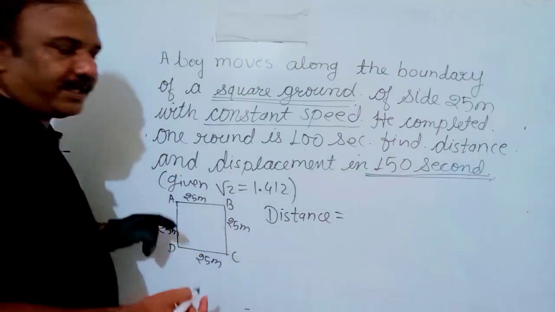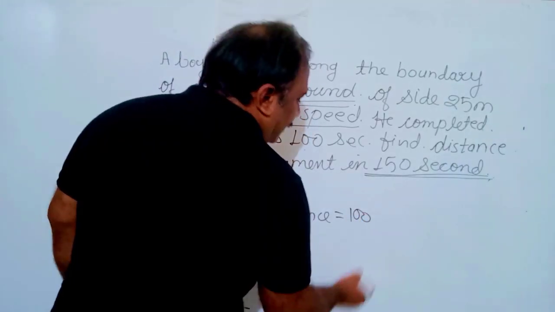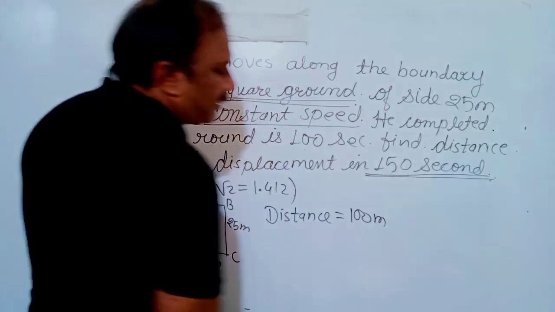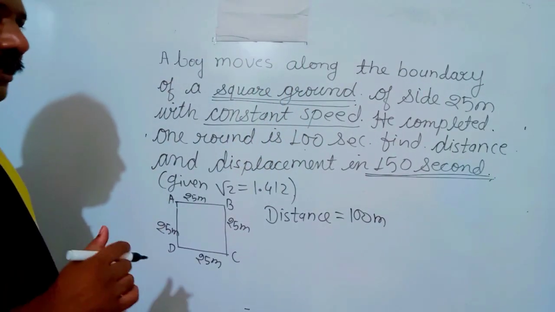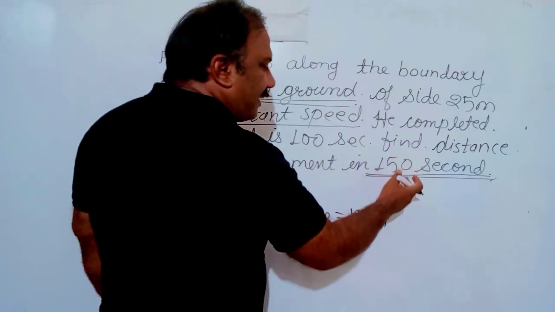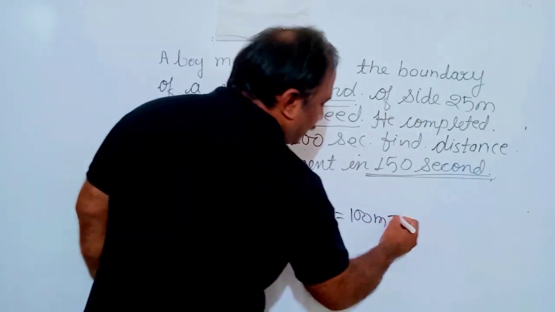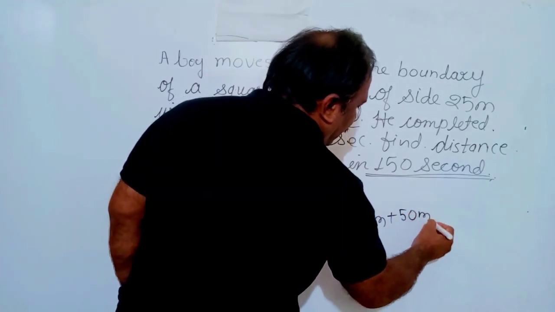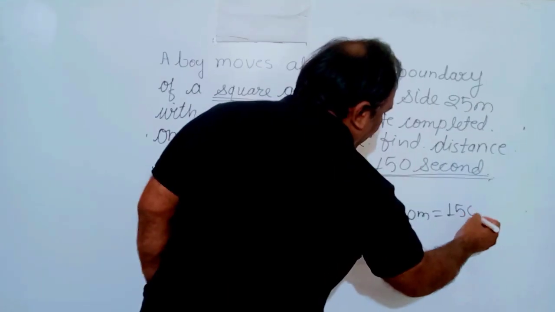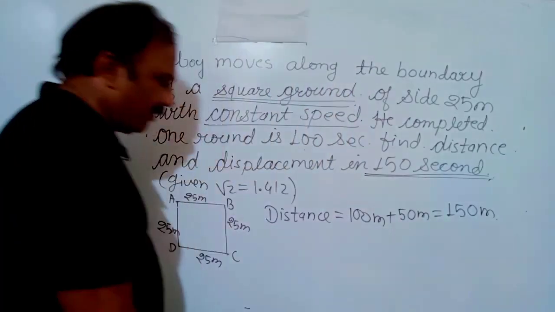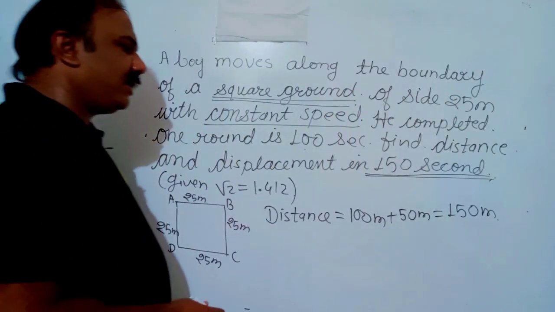It is 100 meter. So in 100 seconds, 100 meter distance will be covered by the boy. And in 150 seconds, so in another 50 seconds, the boy will move another 50 meters. So the total distance covered by the boy will be 150 meter.